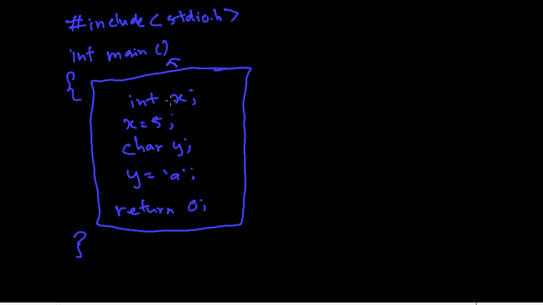Okay, the first line, what we're doing is that we're creating a variable called x. Second line, we're putting 5 inside it. Now third line, we're creating a variable called y, and we're putting 'a' inside it.